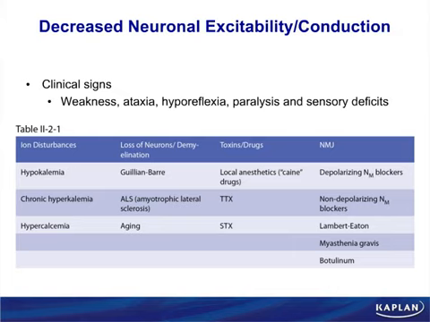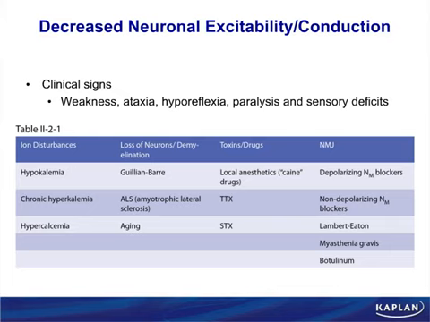So what are we thinking? Well, here are the big classes that we discussed. Number one, ion disturbances. So decreased excitability means hypokalemia. Why, what's the mechanism of hypokalemia? I hope you said because it hyperpolarizes. You got it. Bigger gradient, positive charge leaves, hyperpolarization. Don't forget, chronic hyperkalemia.